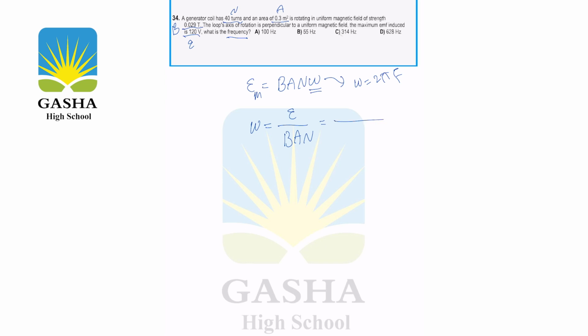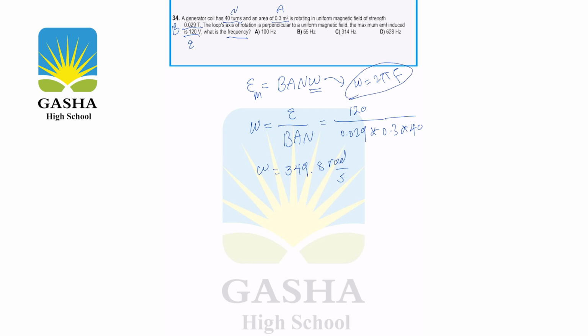And simply by substituting the value, B is 0.029 and A is 0.3 times 40, and angular speed will be equal to 349.8 rad per second.